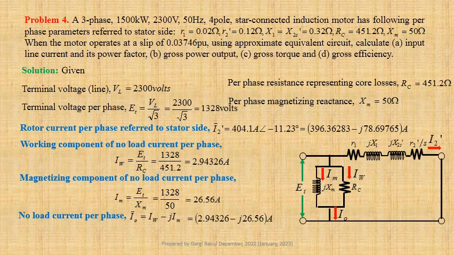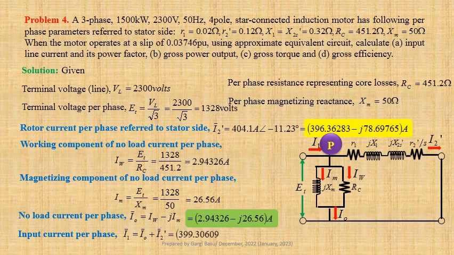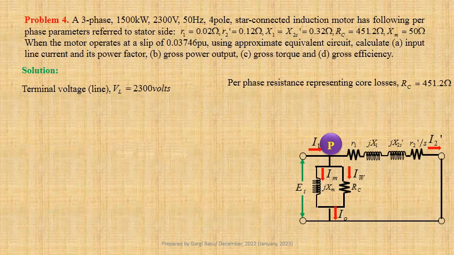Applying Kirchhoff's current law at node P, we get input current per phase I1 equals I0 plus I2 dash. Using values, we get 399.30609 minus J times 105.25765 ampere. This may be written in polar form as 413 ampere at an angle minus 14.67673 degree.